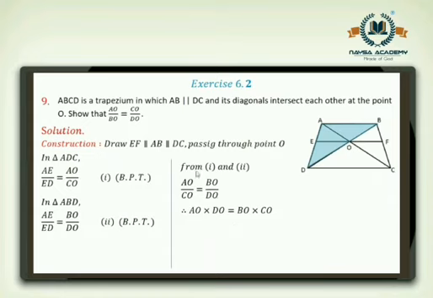So AO into DO equals BO into CO. Now you can easily figure out that I can write AO upon BO equals CO upon DO, which is required. So we have shown that AO upon BO equals CO upon DO.